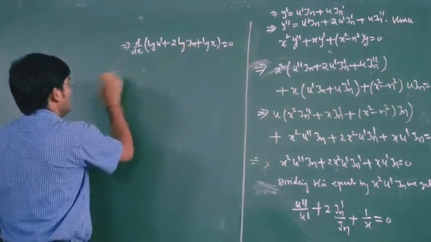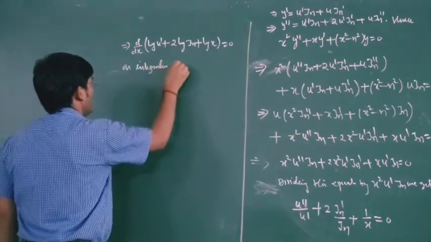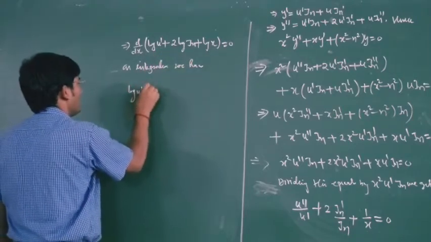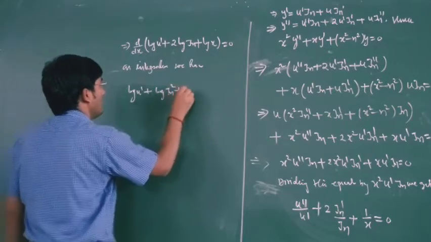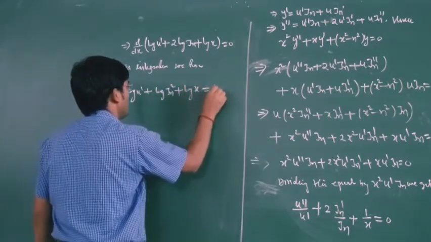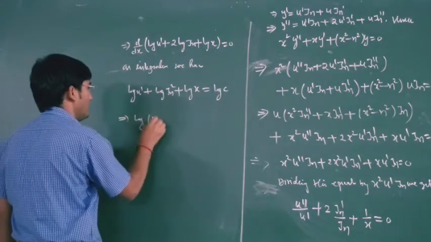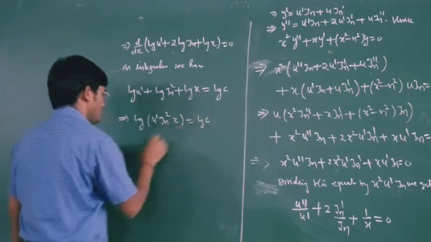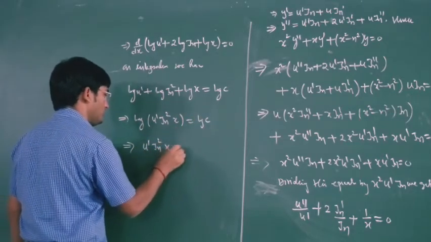Now on integration we have log u dash. We can write this term as log Jn square. Then we will have log x equal to some constant of integration, say log c. So from here we have log (u dash Jn square x) equal to log c. On taking anti-log we have u dash Jn square x equal to c.